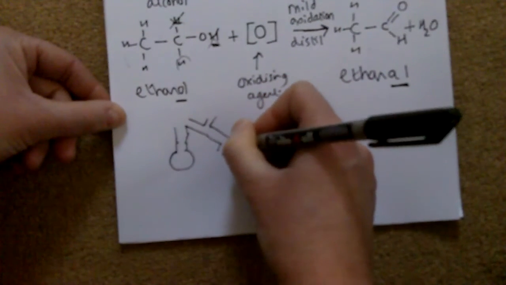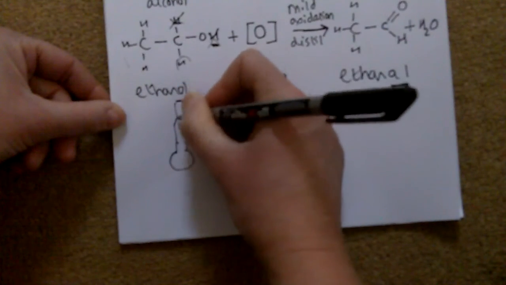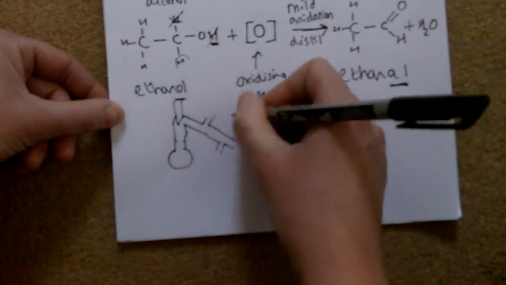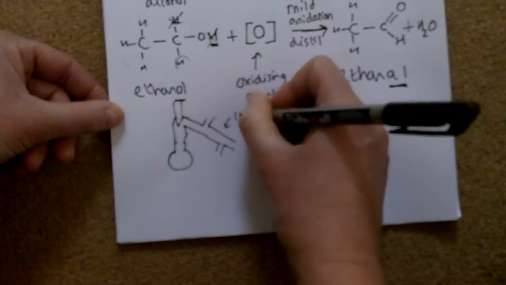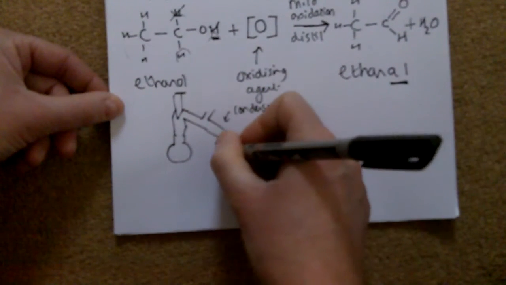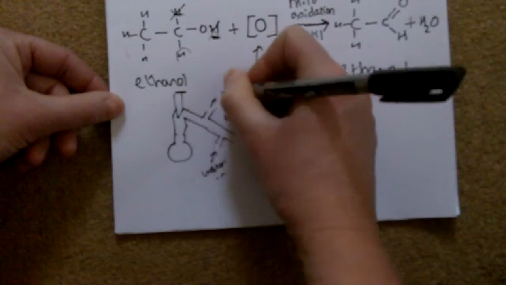You'll do this in your practicals, and there'll be a thermometer on the top. Okay, so this is called a condenser. Sorry, rubbish at drawing. Okay, water in the bottom, water in and water out.